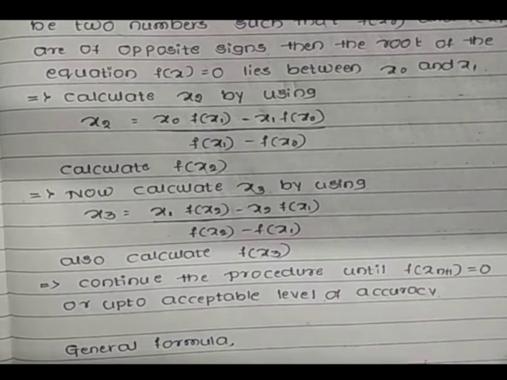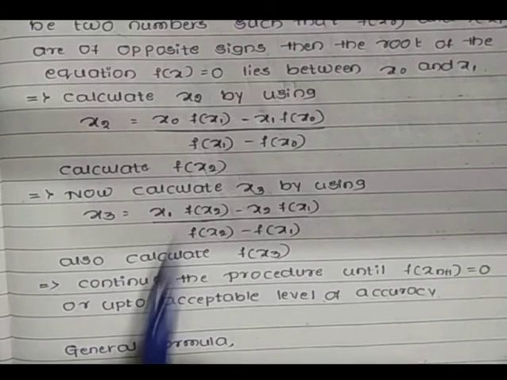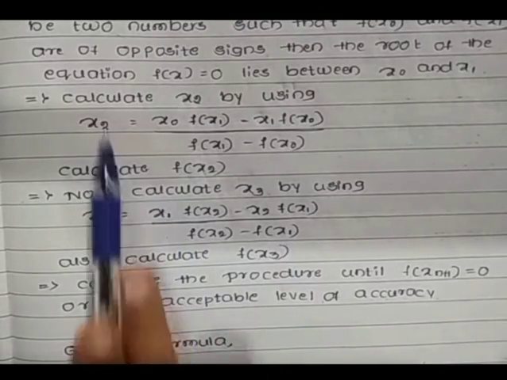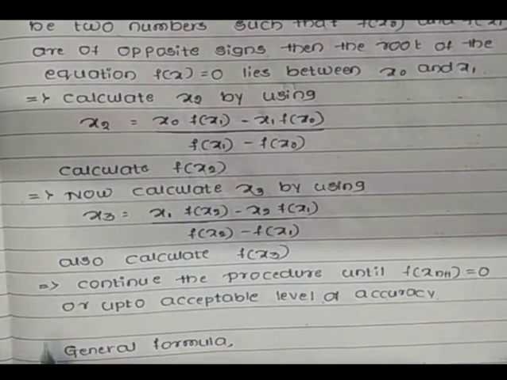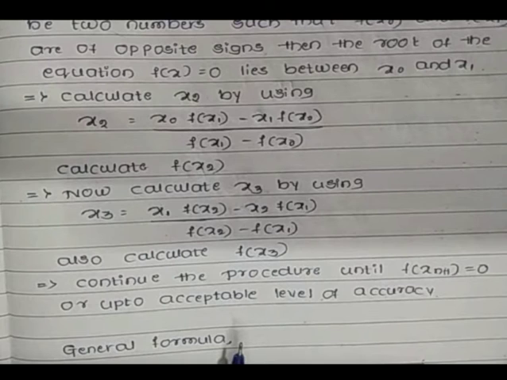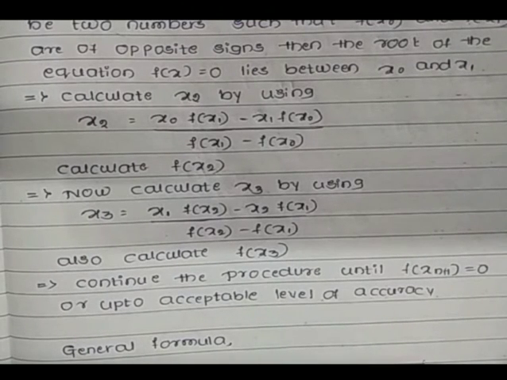Using x3 and x2 we calculate x4. Next, to calculate x5 we consider the previous two results, that is x3 and x4, and so on, it continues. In every example there is a constant formula: for x2, for x3, similarly for x4 and so on. A particular formula will be there, and with the help of that we need to calculate.